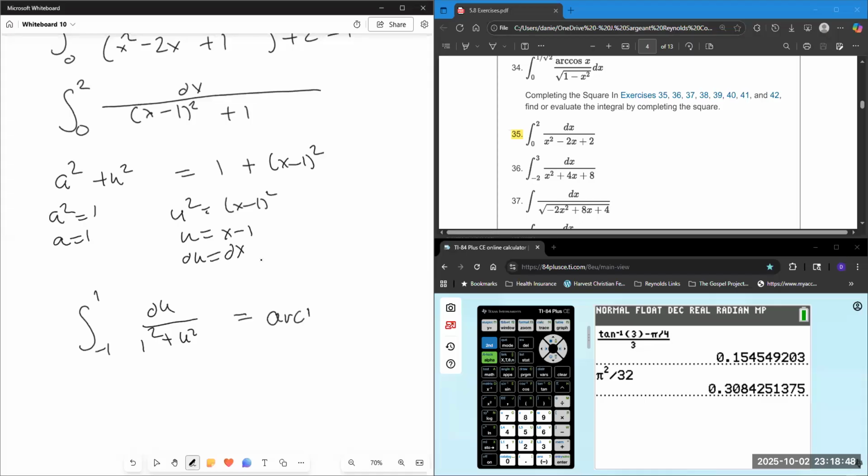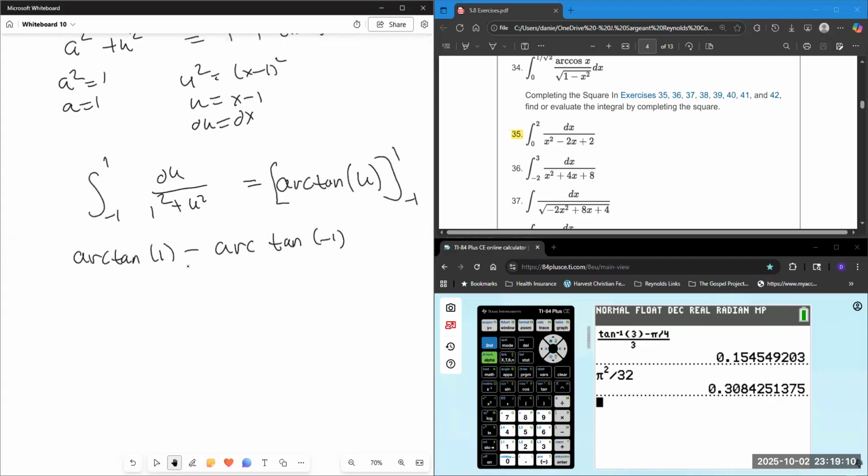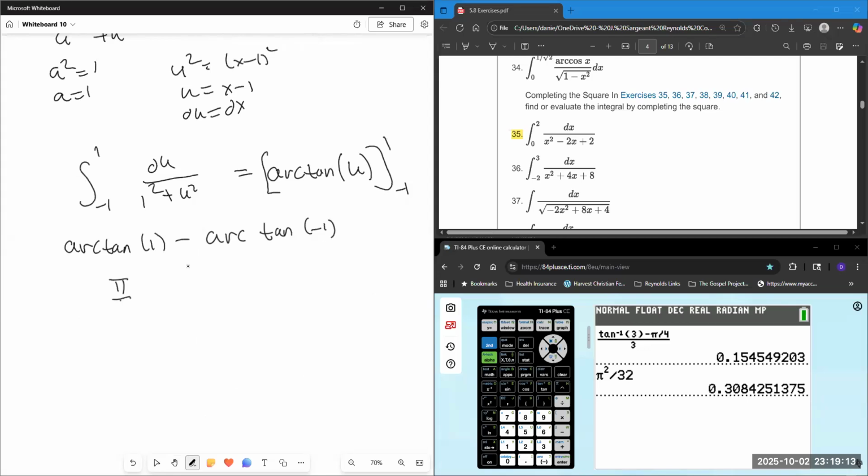Arc tangent of u over a is u. And then this is evaluated from negative 1 to 1. So arc tangent of 1 minus arc tangent of negative 1 will be pi over 4 minus a negative pi over 4. It's pi over 4 plus pi over 4, which is pi over 2.